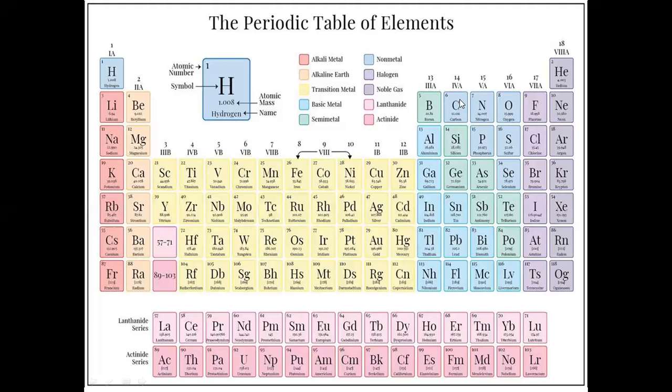Then the 17th group is known as halogens. They make salts. Then the last one is known as inert gases or noble gases. Halogens, and inert or noble gases.